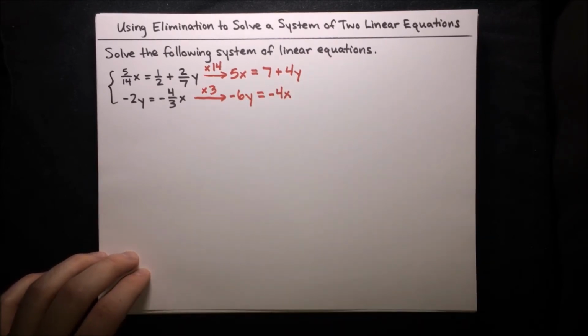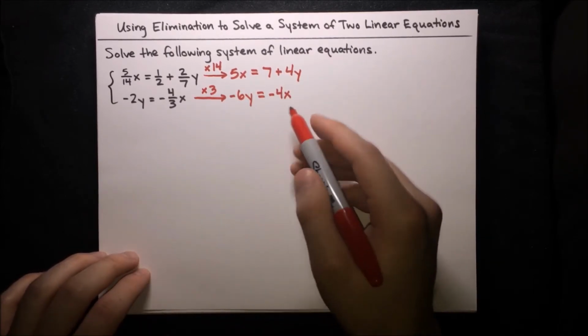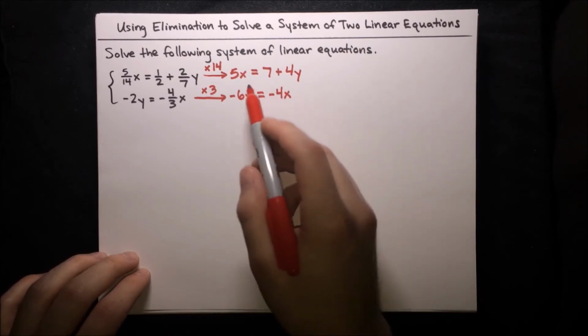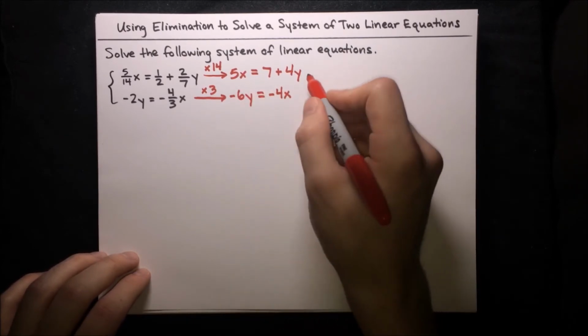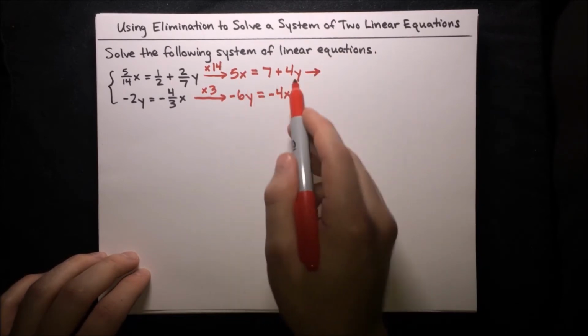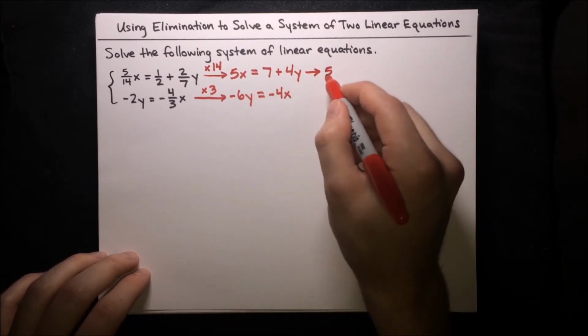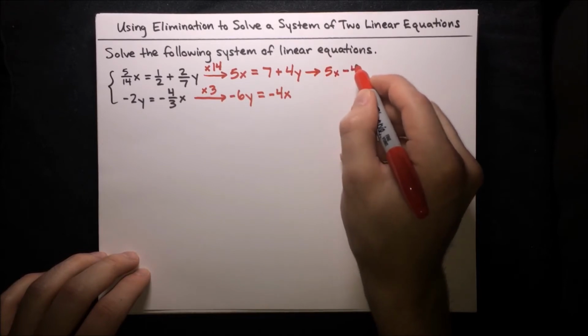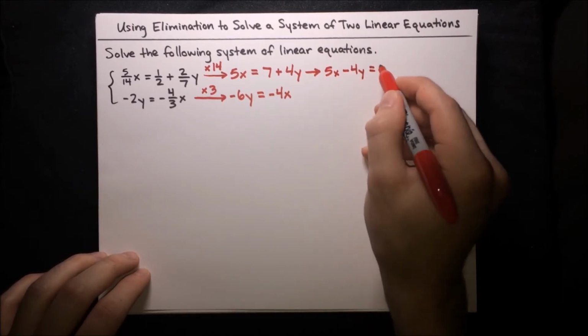Okay, now let's rearrange these equations a bit, get the x's and the y's on the same side. So let's put all the x's and y's on the left-hand side like usual. So in the top equation, we will subtract 4y from both sides, and that'll just give us 5x minus 4y is equal to 7.